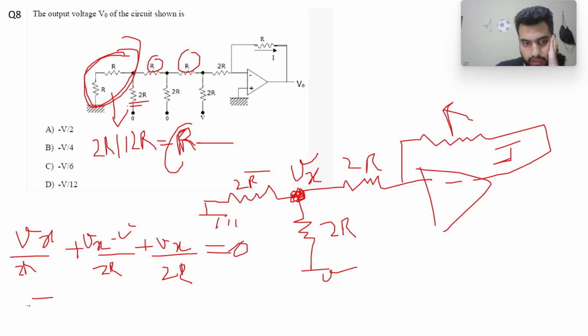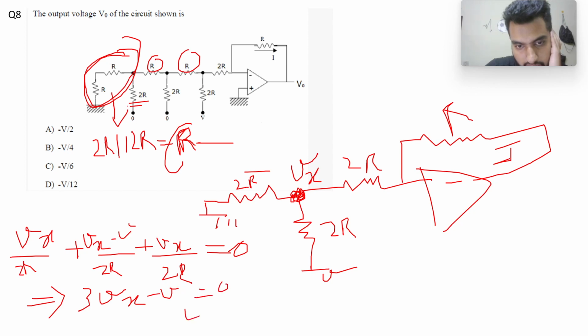With 2R as the denominator and transposing to the RHS, it becomes 0. So we have Vx plus Vx plus Vx, that is 3Vx minus V equal to 0, and then Vx is equal to V by 3.